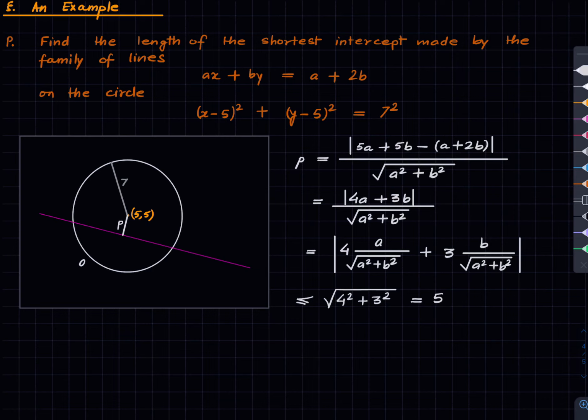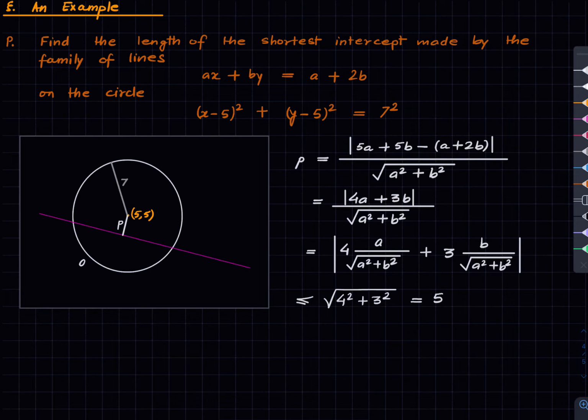So what we have seen is that no matter what line you generate using a choice of A and B, you find that that line is at a distance of at most 5 from the center. So it definitely does cut the circle in 2 points. Okay, fine.